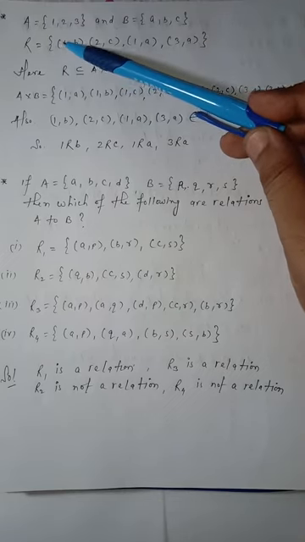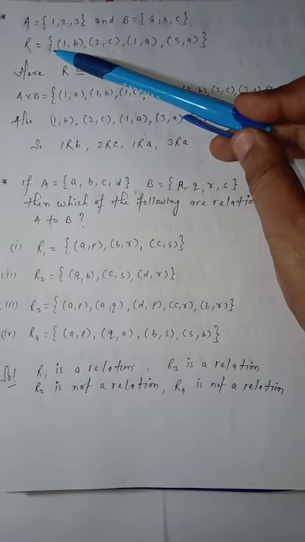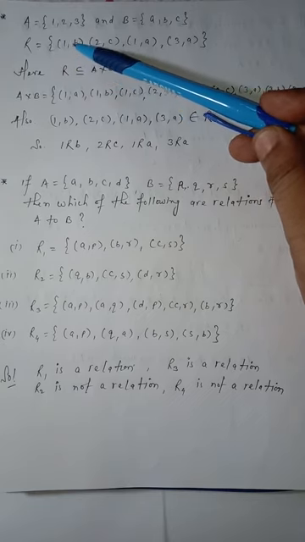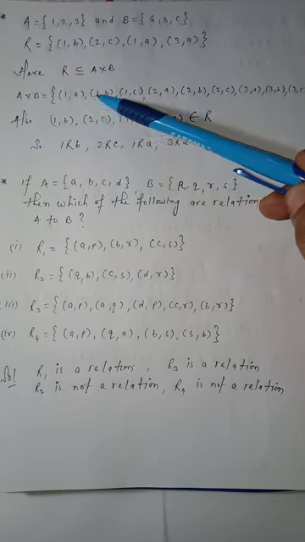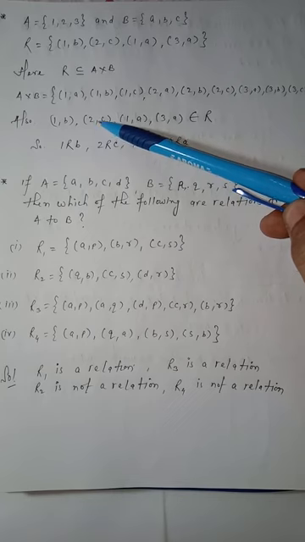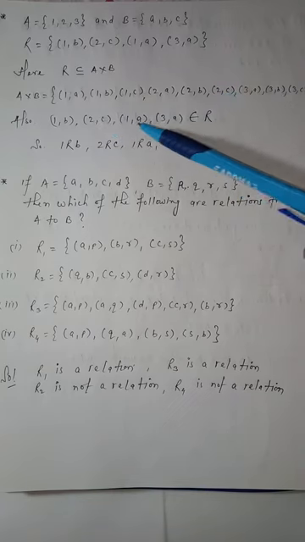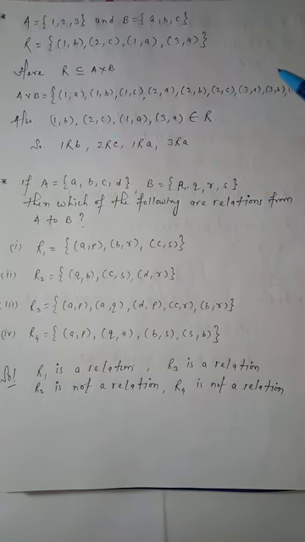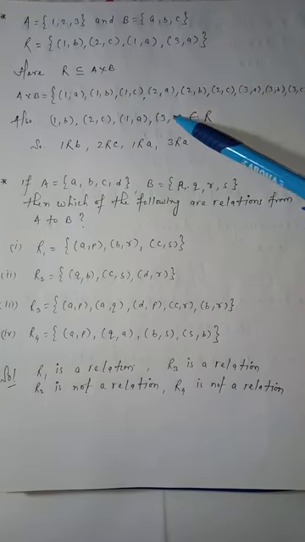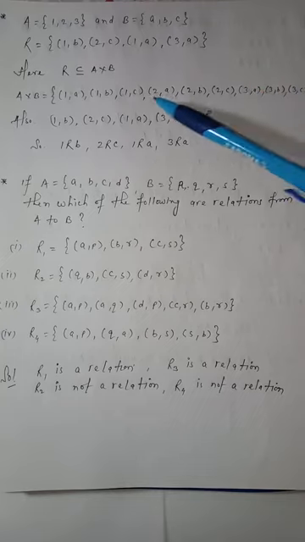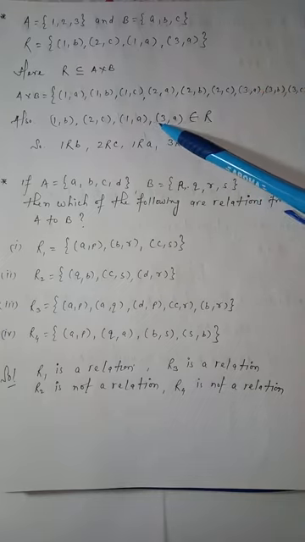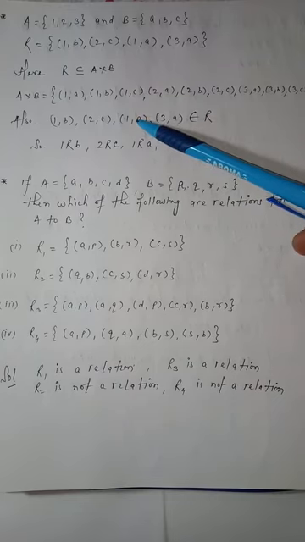If R is a subset of A cross B, then R is a relation from set A to B. It means (1, b) must be an element of A cross B. Yes, (1, b) is present in A cross B. Similarly (2, c) is here, (1, a) is here, and (3, a) is also present in A cross B. So all the elements which belong to R are present in A cross B.